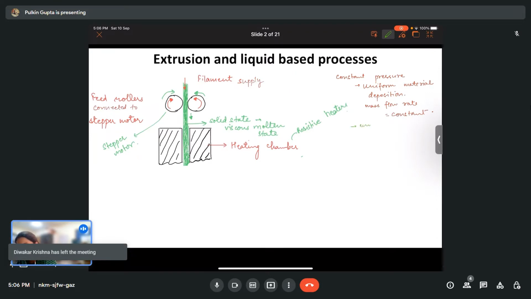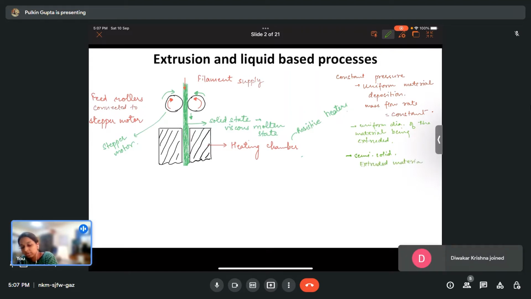And the material being extruded should be in a semi-solid state.